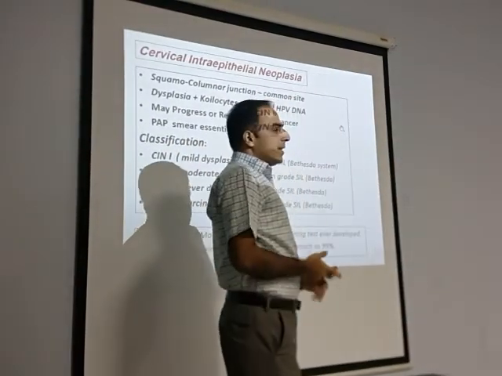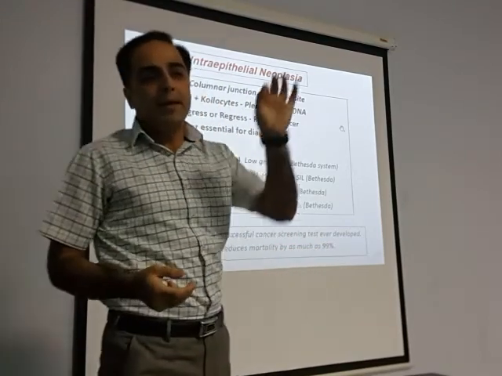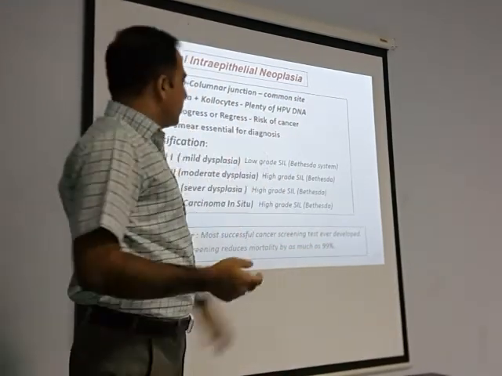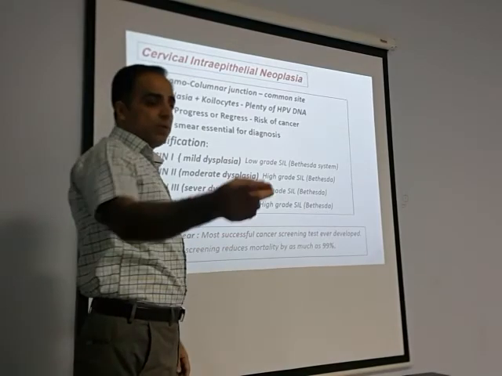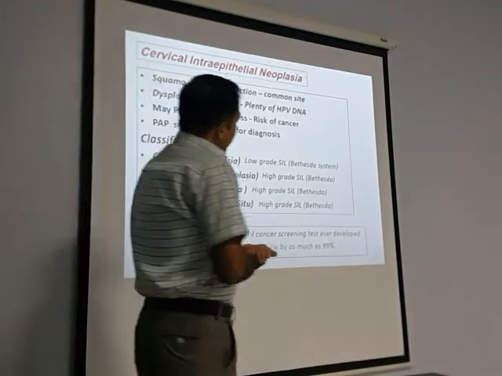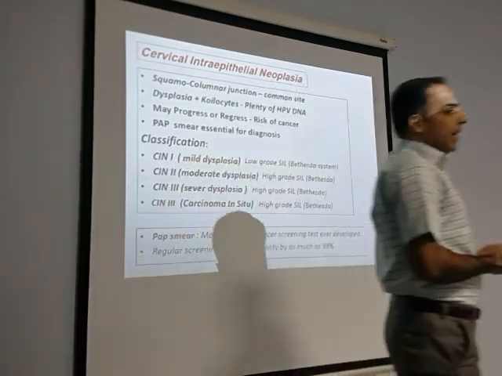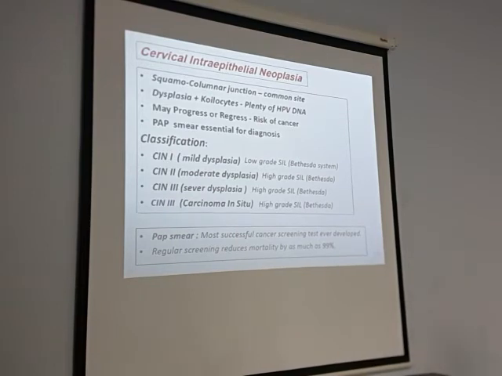Low grade SIL. What is this? Low grade SIL means squamous intraepithelial lesion. Okay? Squamous intraepithelial, note it down. I have not written it, sorry. And another is high grade SIL, which is high grade squamous intraepithelial lesion.